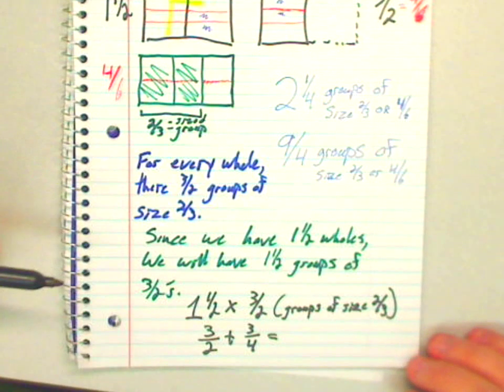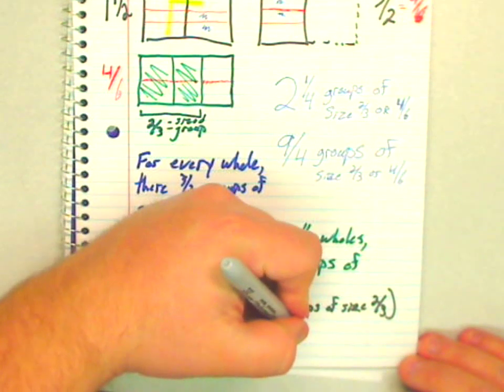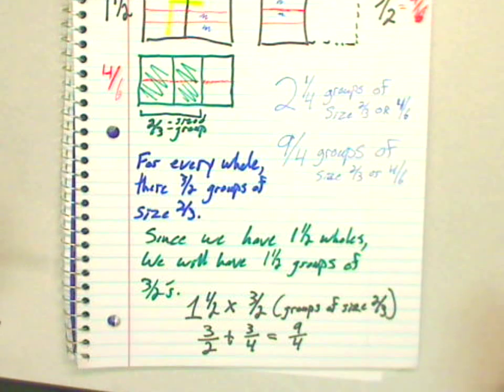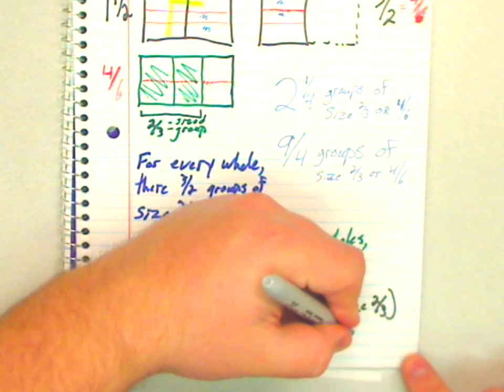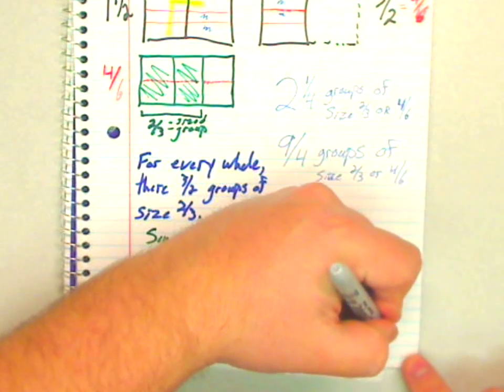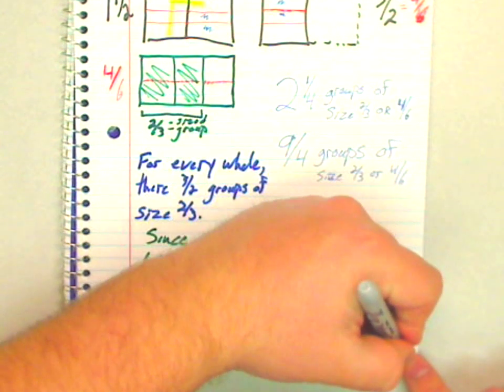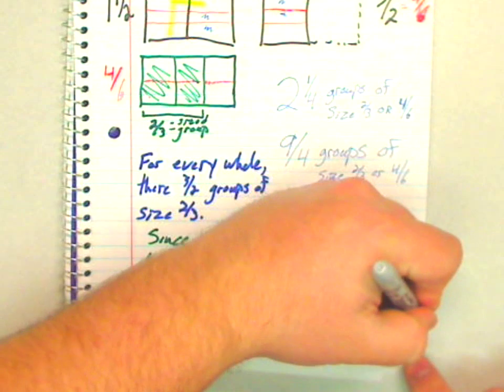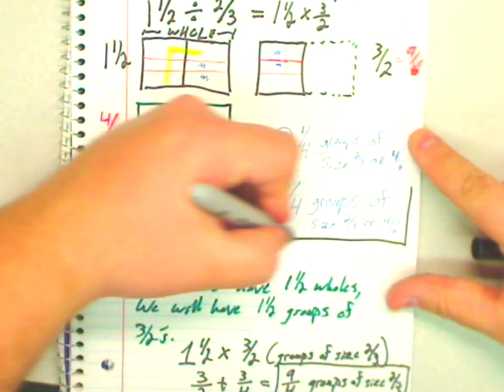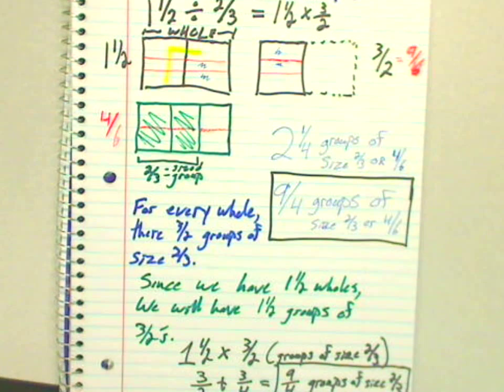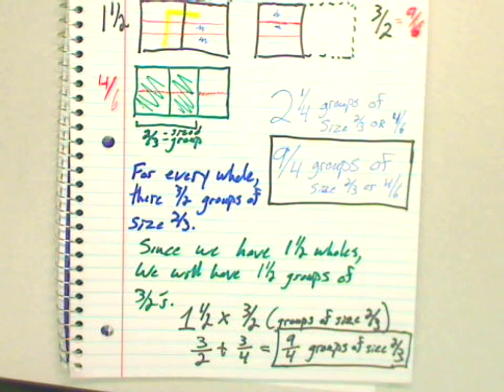So 3 halves becomes 6/4. 6 plus 3 will end up being 9/4. So we end up with our answer being 9/4 groups of size 2/3. And we knew this was going to be our answer because we can see it right here. That is confirmed for us, and we are done.